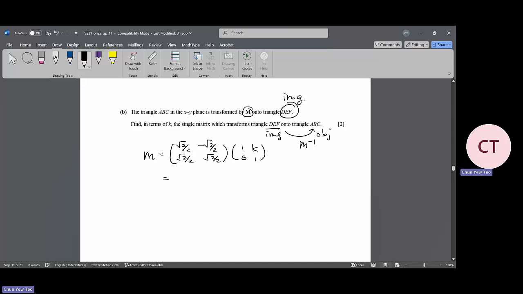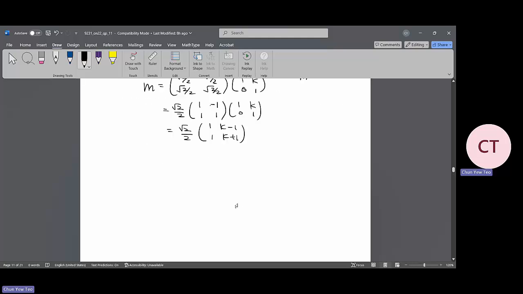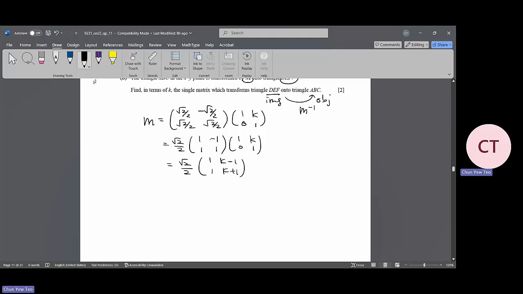Now we can see that root 2 over 2 is a common factor for the matrix over here. So I just factorize the root 2 over 2 out. So I just expand, multiply them, leaving the constant like this. You will get 1, K minus 1, and then 1, K plus 1. That will be easier for us. Okay, so now we are looking for M inverse.